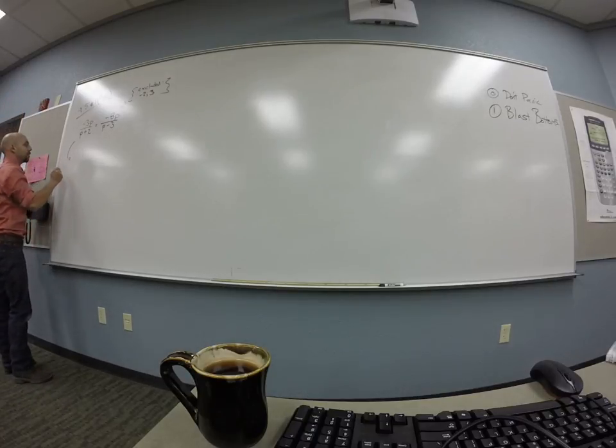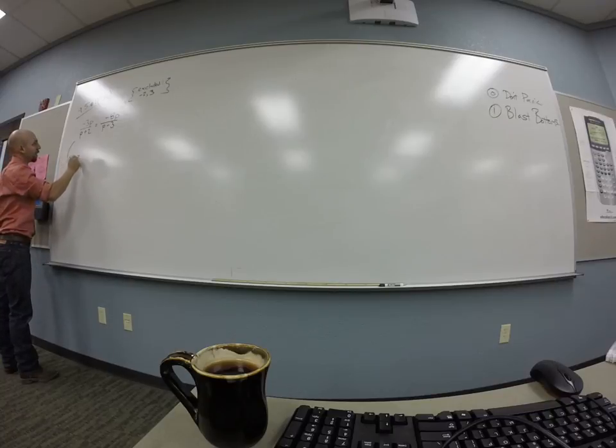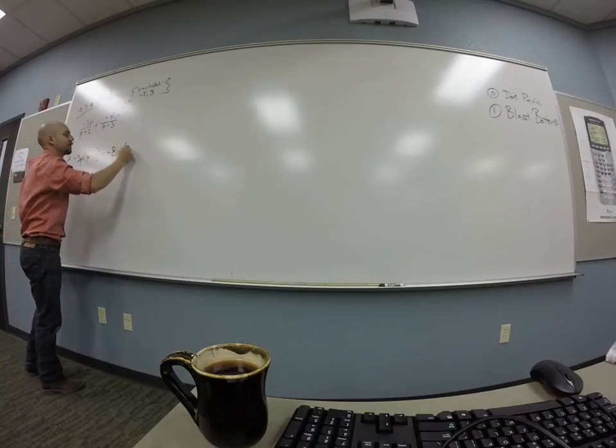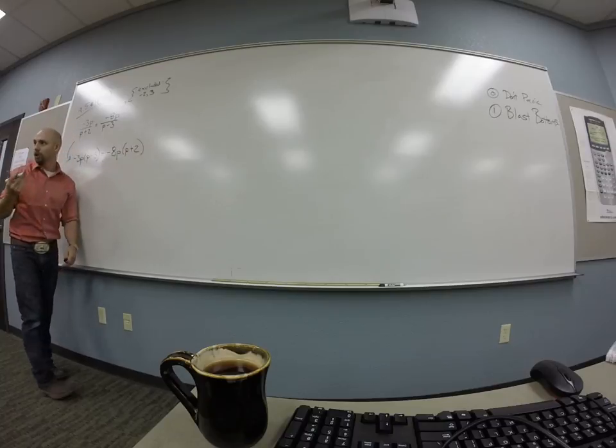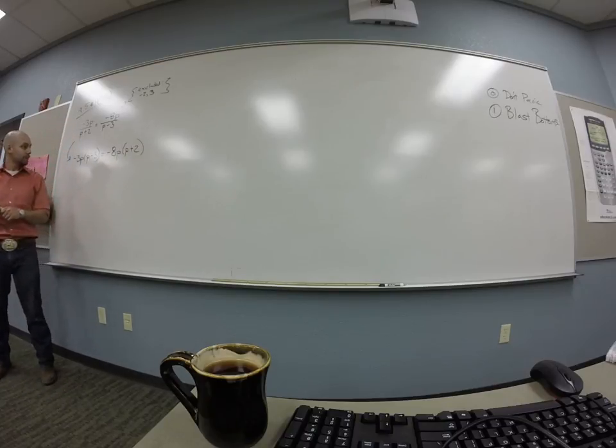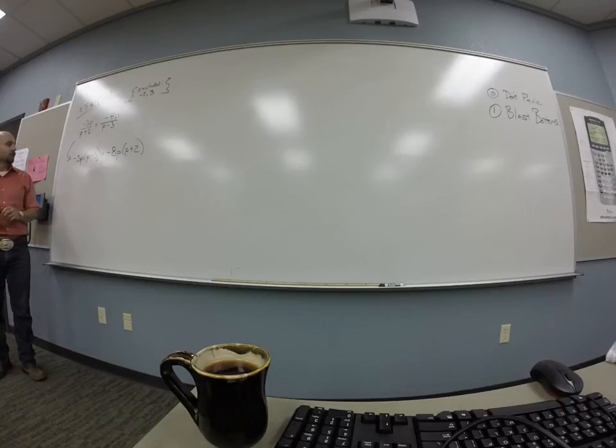So if we go through this, we'll end up with minus 3p times p minus 3 is minus 8p times p plus 2. I'm kind of rushing because we just did this one, right? Okay, so we got this. Now we say to ourselves, okay, both sides have a p, right?